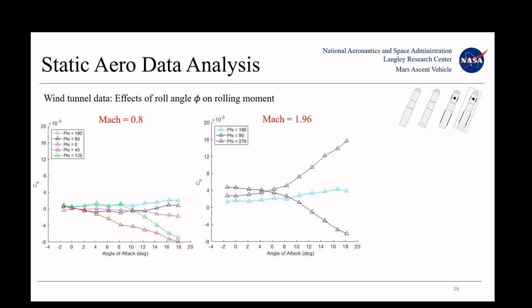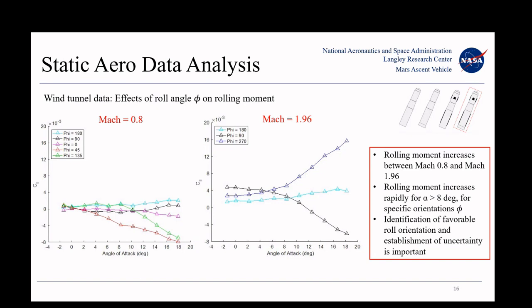And at Mach 1.96, we start getting way more variation in the rolling moment, particularly for the 270 degrees clock angle. Again, it depends on how the protuberances are actually laid on the vehicle themselves. So observation-wise, rolling moment increases between transonic to supersonic.